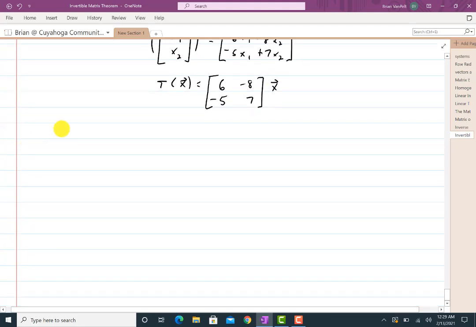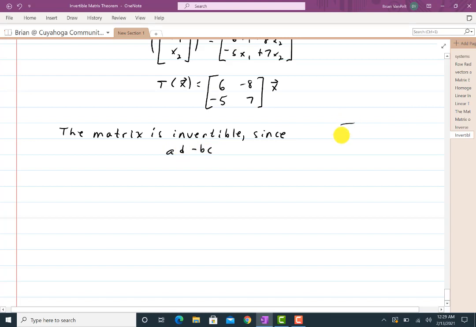The matrix is invertible since when you take the AD minus BC, remember this AD minus BC?